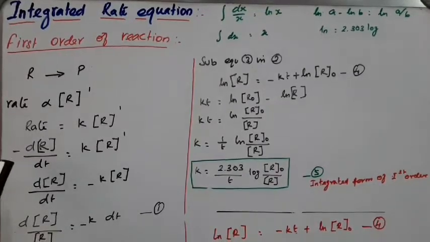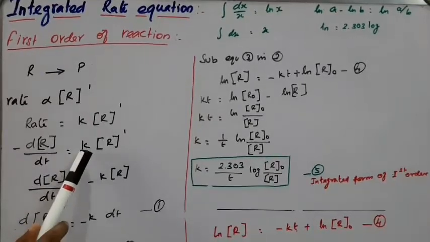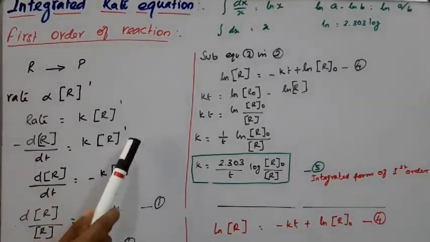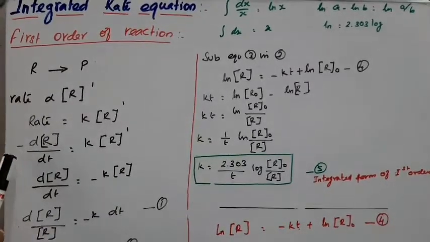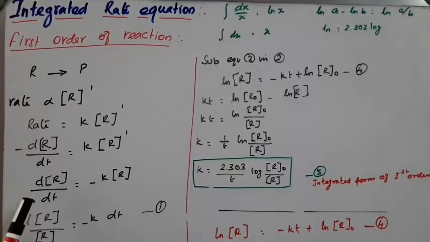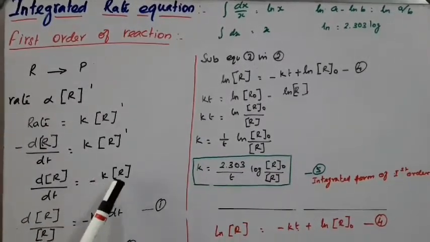So students, keep it in your mind: minus d of R by dt equals k times the reactant concentration raised to the power 1. Multiplying by the minus sign, d of R by dt equals minus k into R.